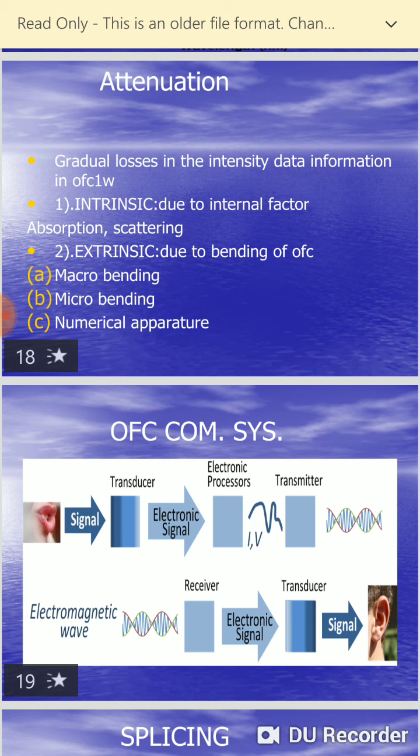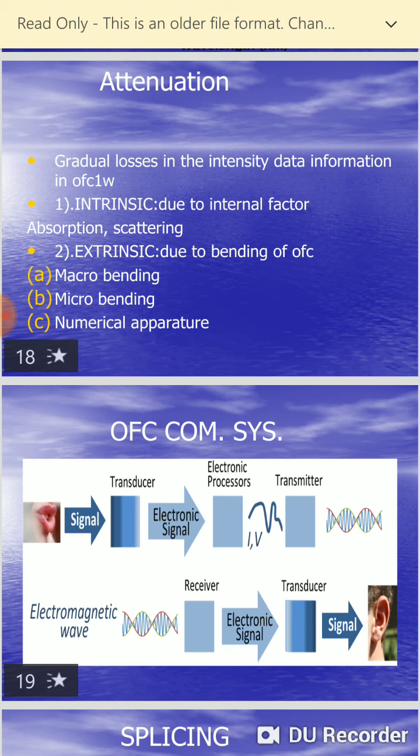So we are using the transducer which will convert the voice in the form of electrical signal. Again that electrical signal is given to the optical source, and that optical source will convert.